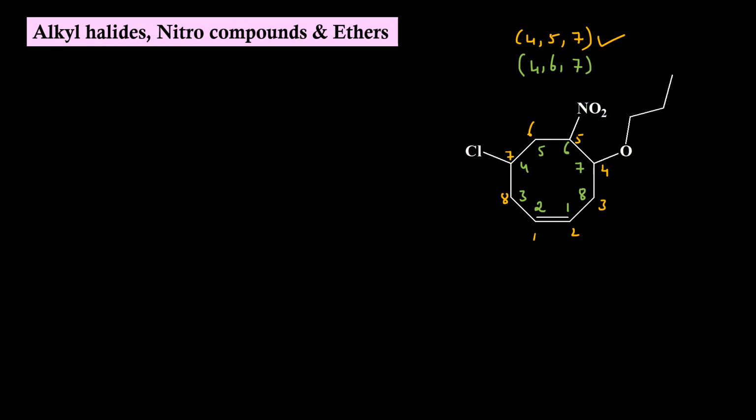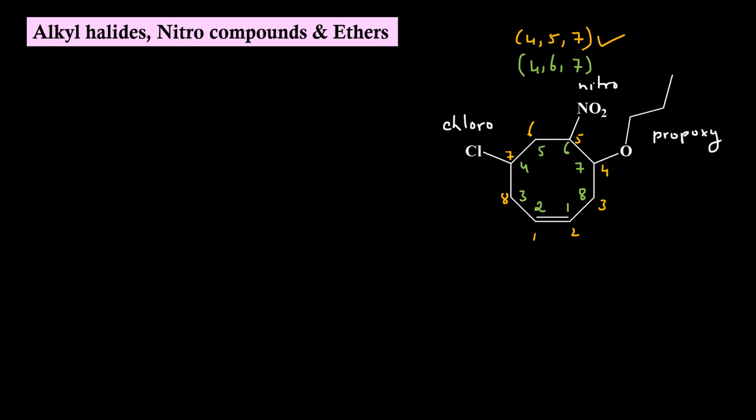Now let us try to name the substituents. This is chloro. This is nitro. 3 carbon atoms with an oxygen, so propoxy. Now, between chloro, nitro and propoxy, chloro comes first in alphabetical order, then nitro, then propoxy.